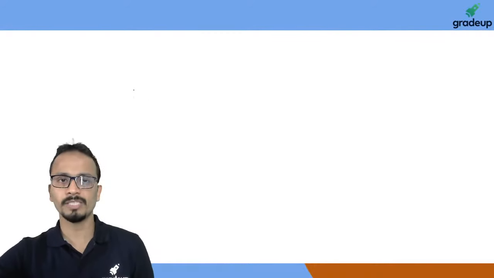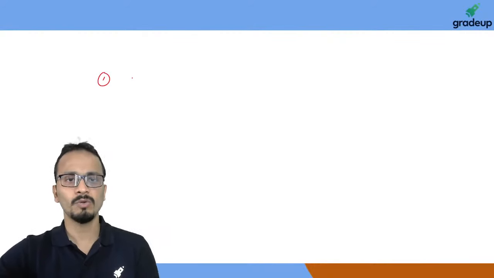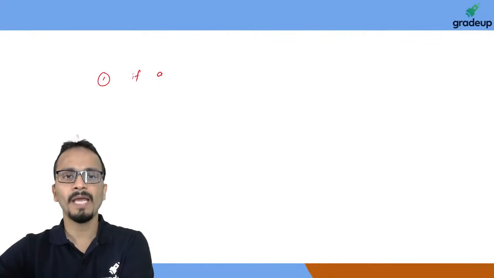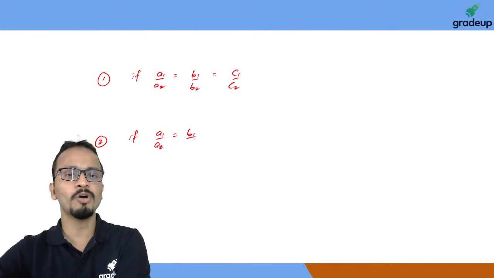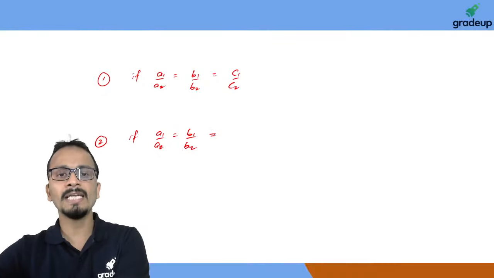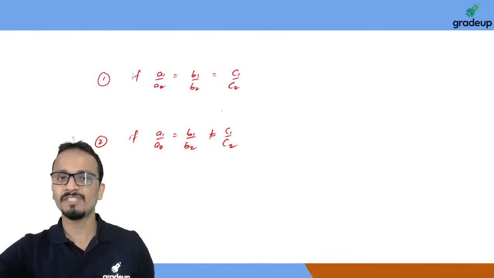Case number one was, if a1 upon a2 is equal to b1 upon b2 and is equal to c1 upon c2. Case two was, if a1 upon a2 equals b1 upon b2 and is not equal to c1 upon c2. So these are the two cases we have seen.